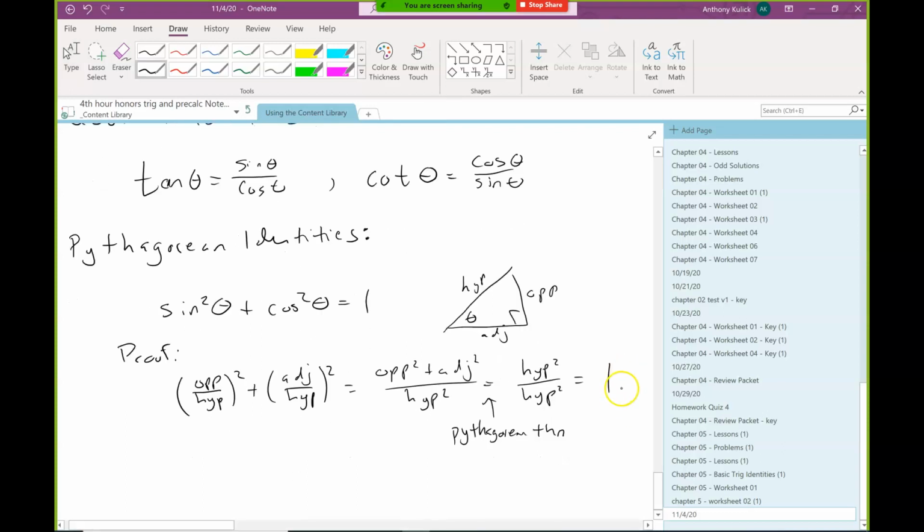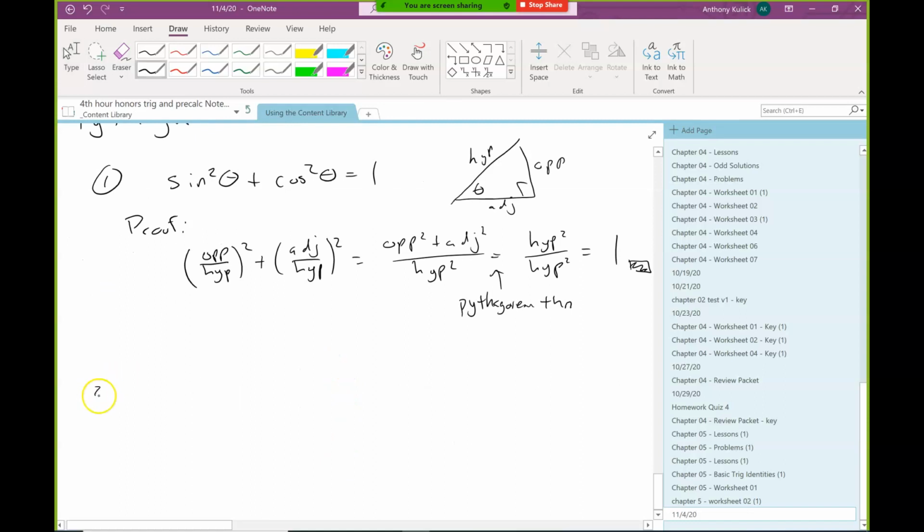Our next one is 1 plus cotangent squared theta is equal to cosecant squared theta. Again, let's prove this. I'm going to be a little bit more clever here. Sine squared plus cosine squared is equal to 1. I can divide both sides by sine squared, right?